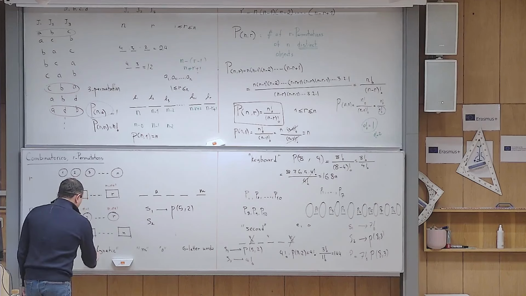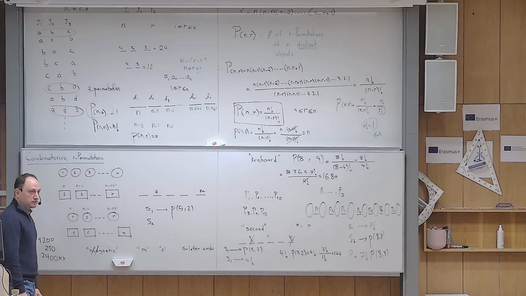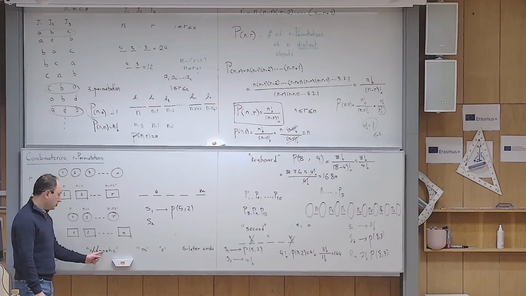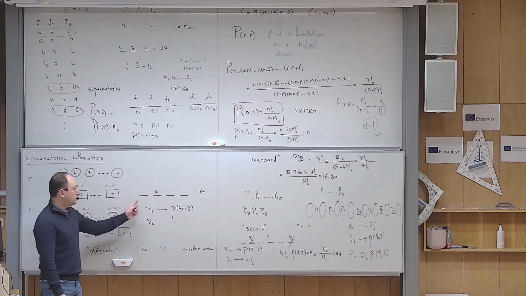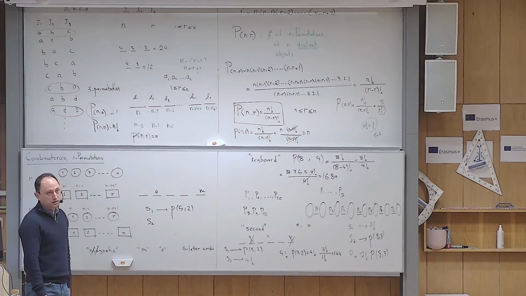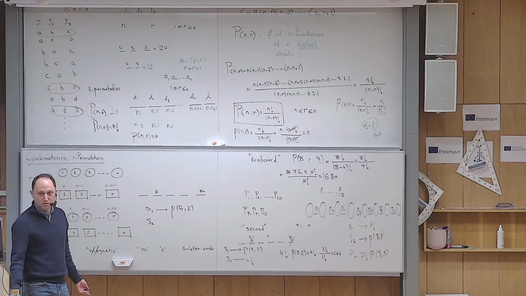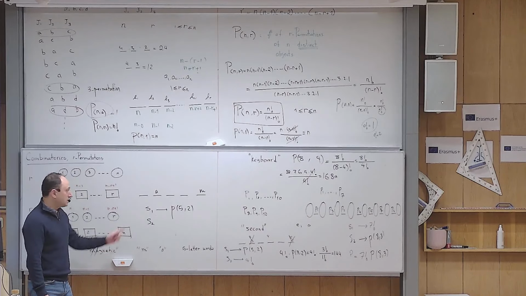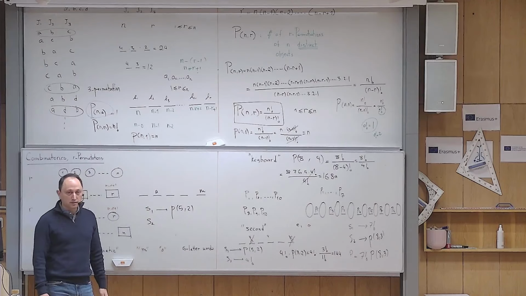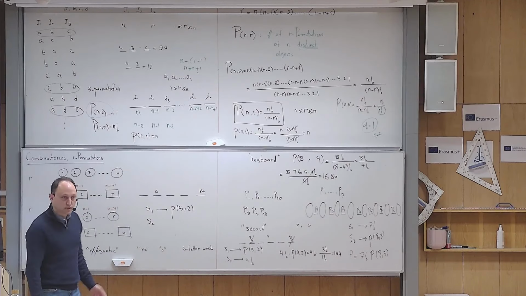M and A are gone from my list. And then how many objects I have? 1, 2, 3, 4, 5, 6. Yes? How many locations, how many boxes I have? 3. So what I want to do, the same story again. I have more objects than my locations, but each location can at most receive 1 object. So that's exactly the same model.